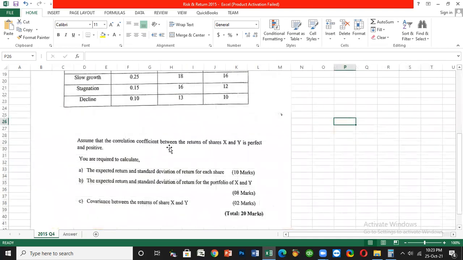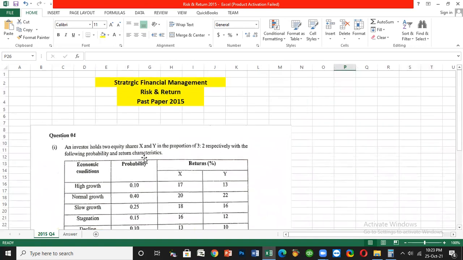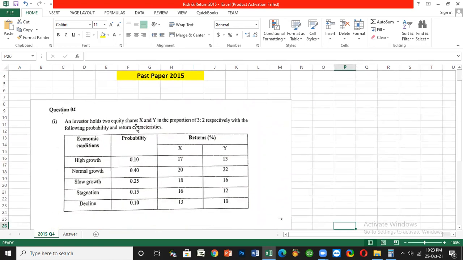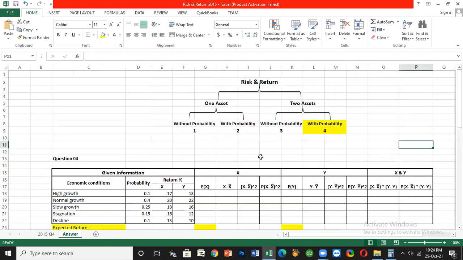In this question, they have given two asset details, return X and return Y, and also probability details. So this question falls under two assets with probability. Now let's move to the question.